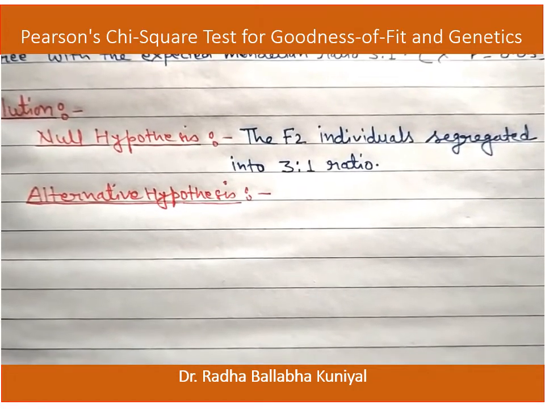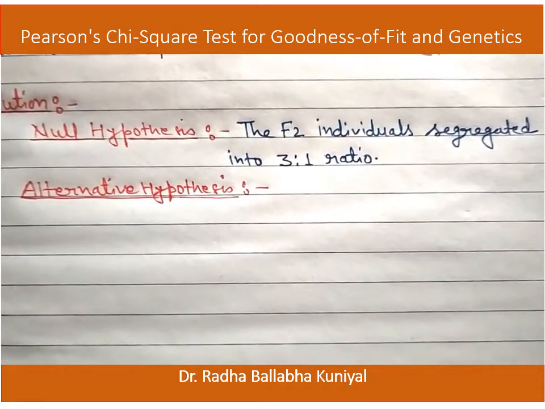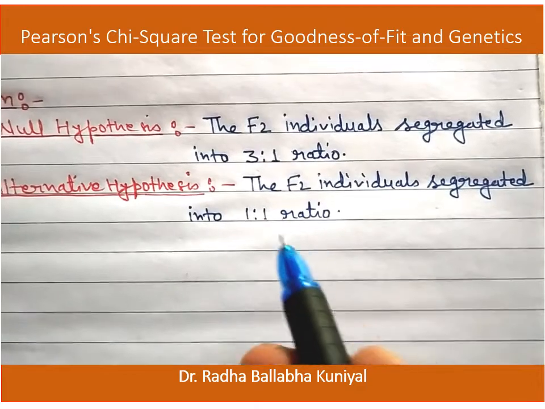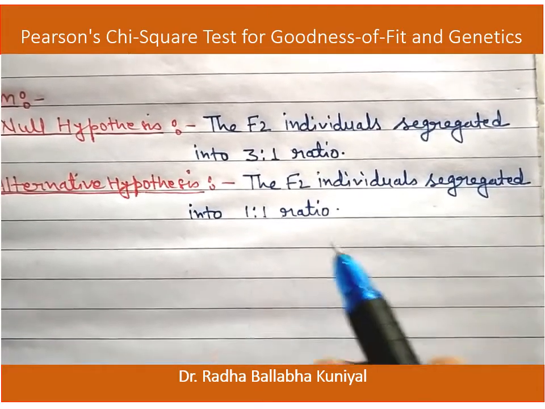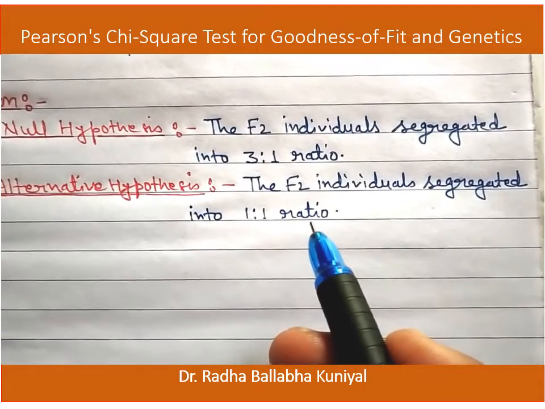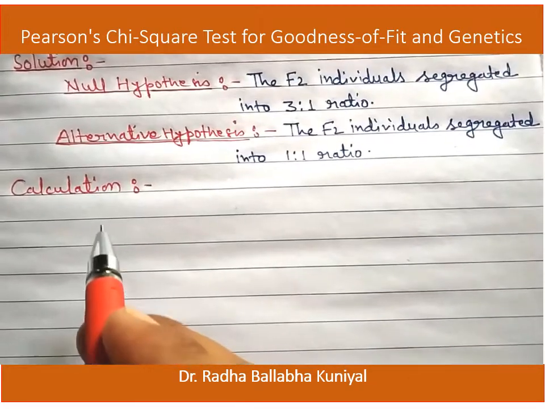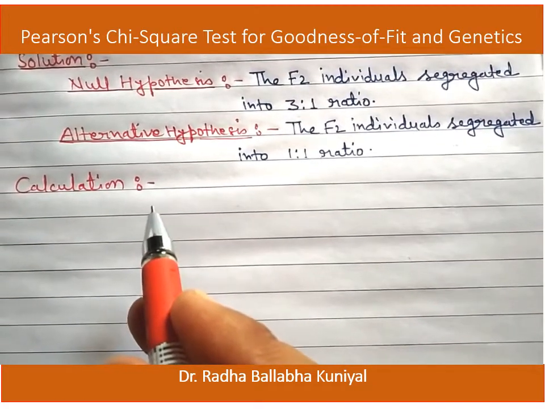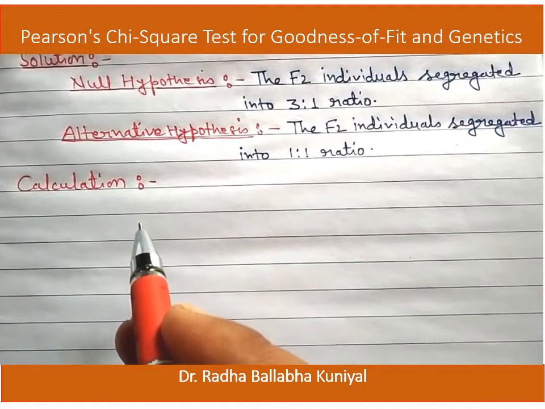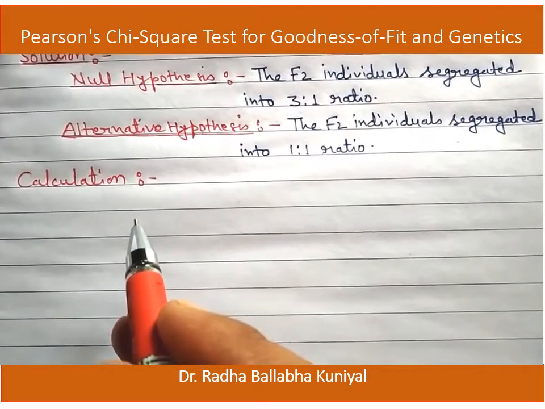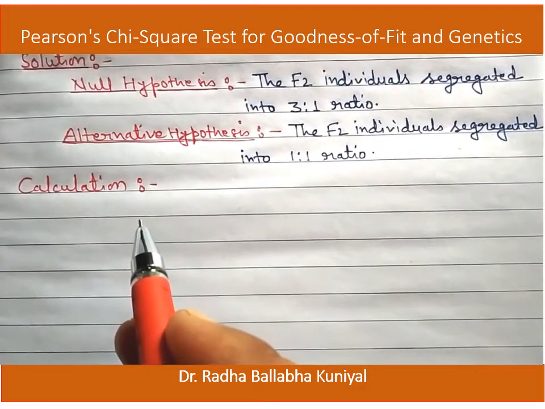Thus, we will write the alternative hypothesis as: the F2 individuals segregated into a 1:1 ratio. Now, we will do the calculations. To calculate the chi-square test, first of all, we have to draw a table having 5 columns.